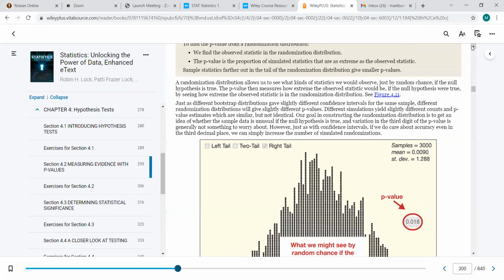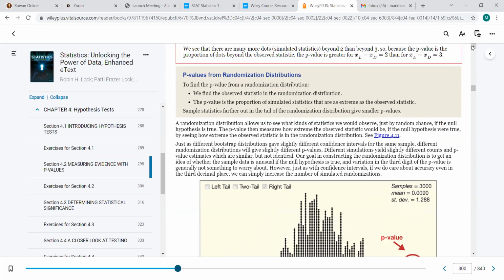And we find the number of samples that are at least as extreme as that one. We count the number of samples that are at least as extreme, and we divide by the total number of samples in the randomization distribution, and that gives us our p-value. The smaller the p-value, the better chance that we will reject the null hypothesis.